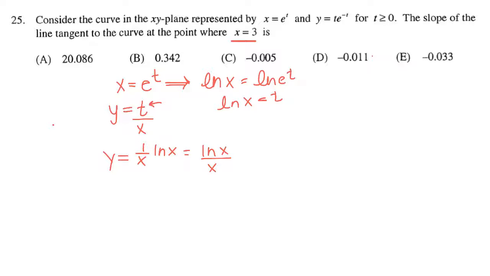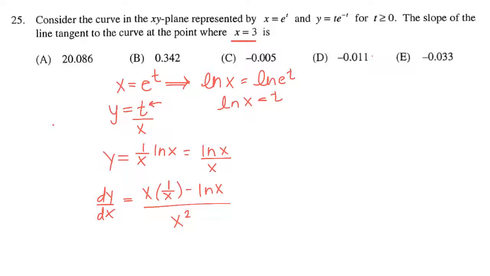So now we need to do the derivative because we need the slope of that tangent line at x equals 3. So we have dy/dx equals, and we're going to have to do the quotient rule. So we have the bottom times the derivative of the top minus the top times the derivative of the bottom all over bottom squared.